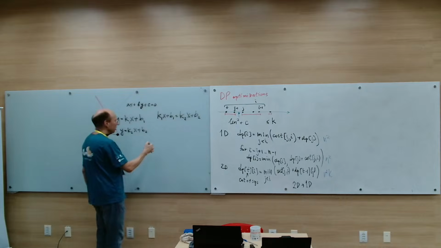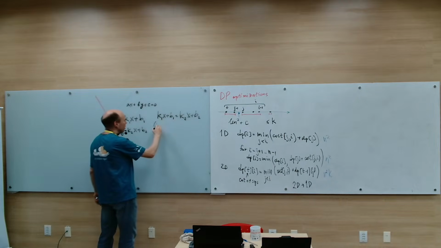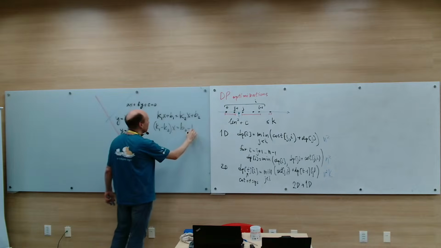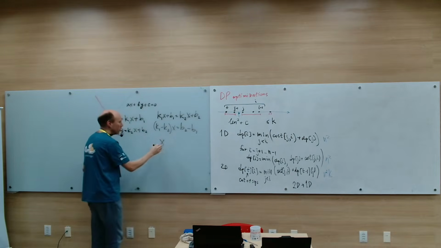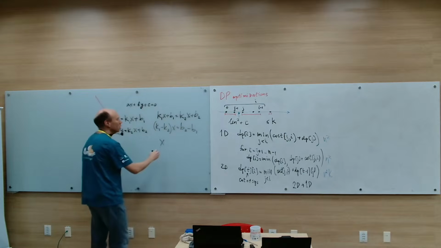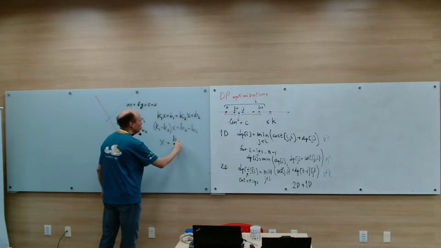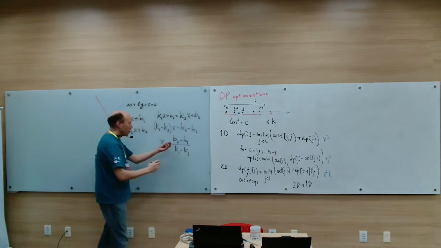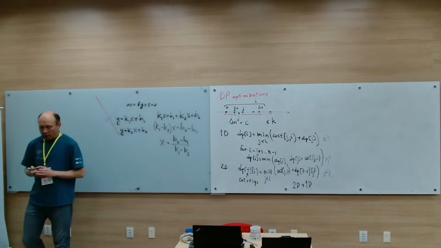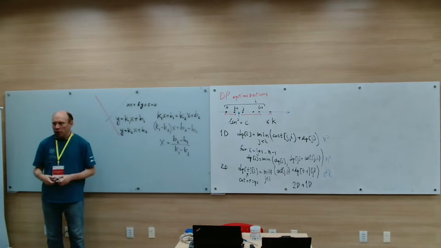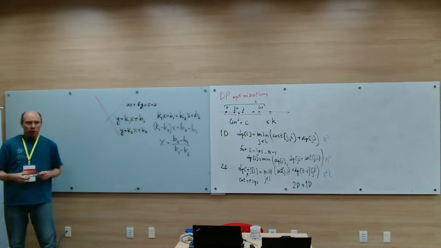From this we say that (k1 minus k2) times x is b2 minus b1, and that gives us the value for x, which is b2 minus b1 divided by k1 minus k2. This is an easy thing, and sometimes we would like this to be an integer, which is also easy.